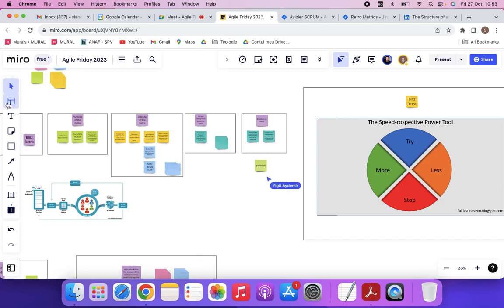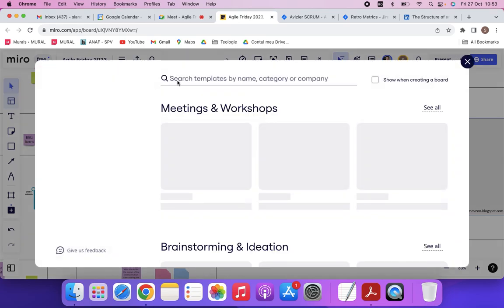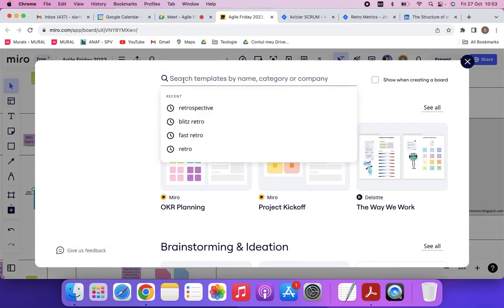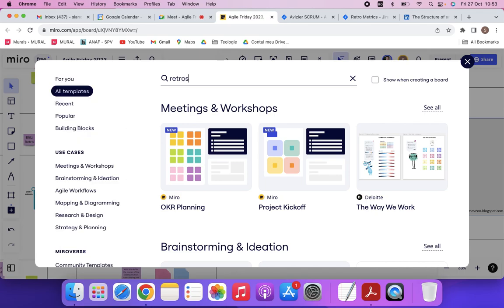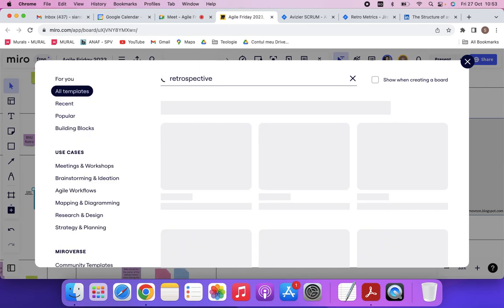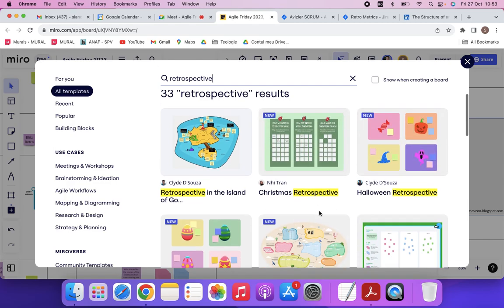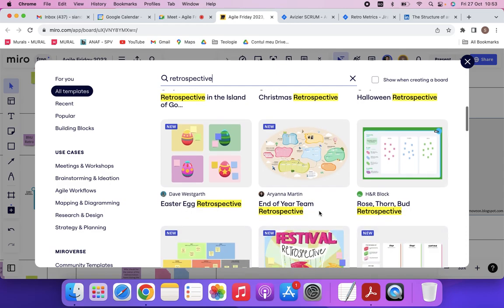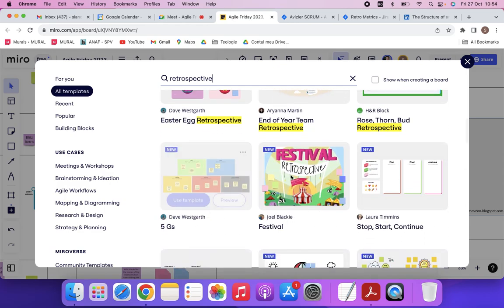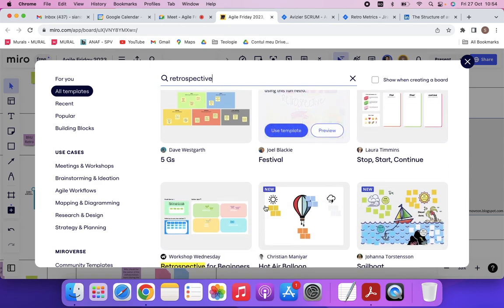Yes. Well, I wanted to share in Miro. There are tons of templates. So, look, you have the 3 columns, all kinds of retrospectives. Stop, start, continue.